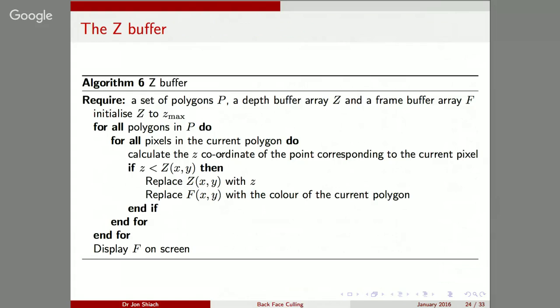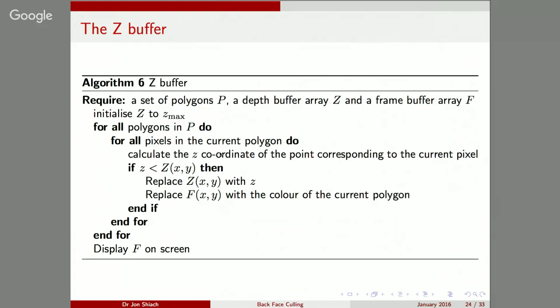There are a few nested loops, so it's quite an involved algorithm. For every polygon in your world, or in your clipped aligned world space, and for all pixels in that polygon. So not only do you have to consider the polygon, you have to say which pixels are in the polygon or not, and we'll look at methods to do that in a few weeks' time.